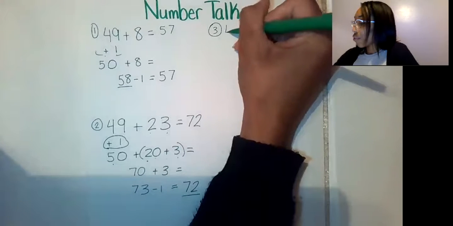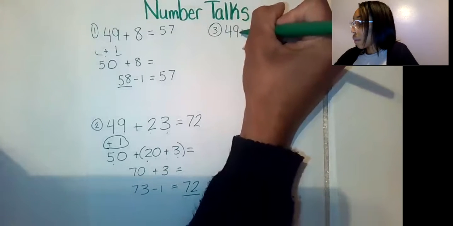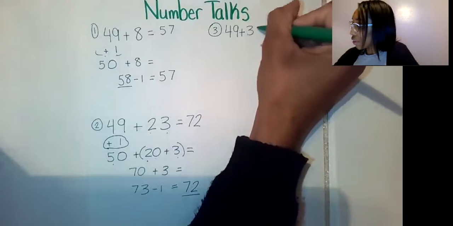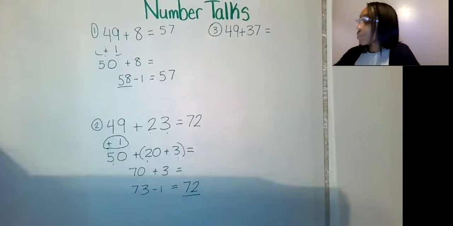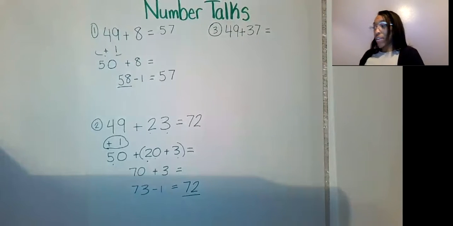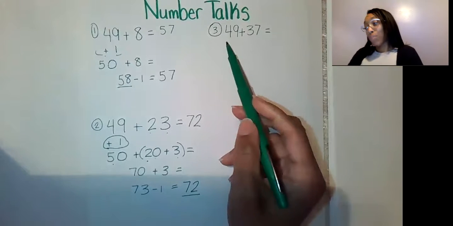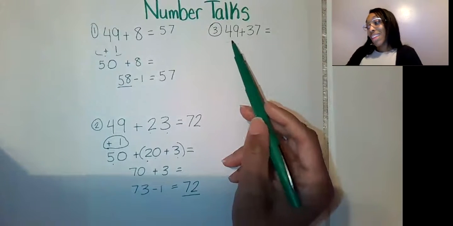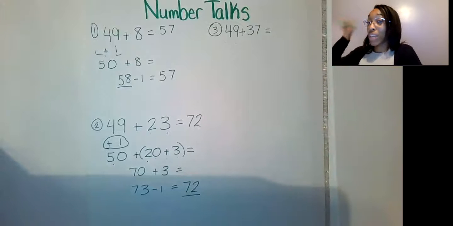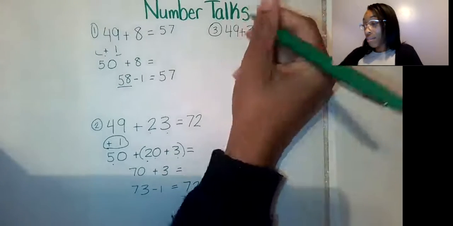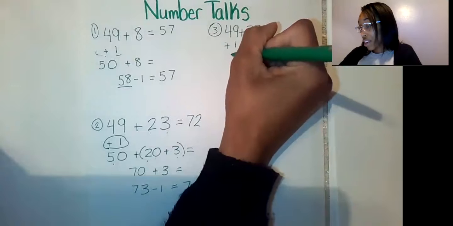We have 49 plus 37. So 49 plus 37. I see that lovely number 49 again. That tells me I'm close to that friendly landmark number of 50.